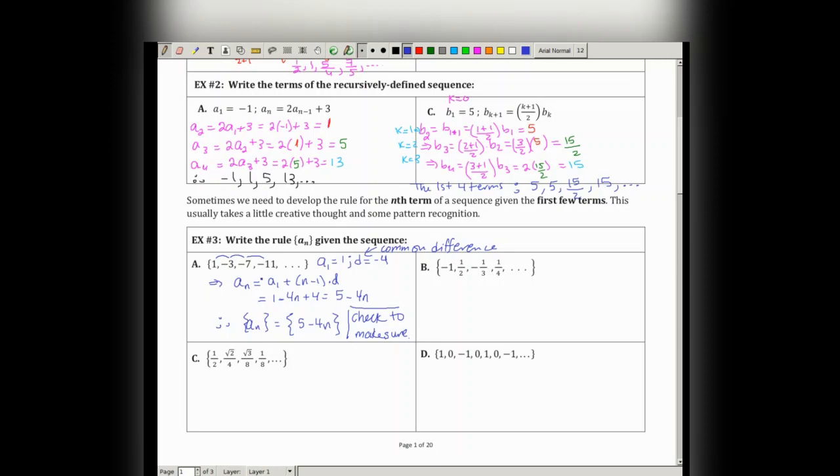Okay, and then there's a formula for where you can actually get this. But for now, if there's a common difference, then the nth term is given by this one. So keep this one in mind.